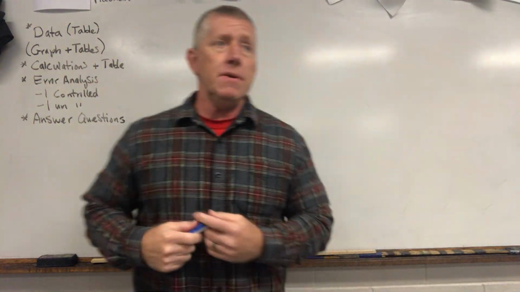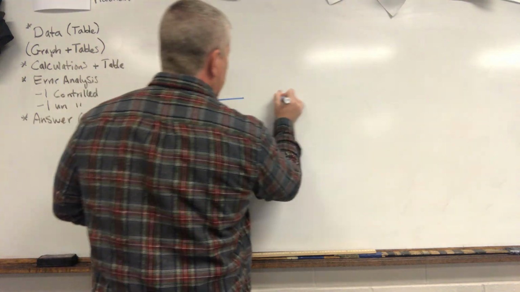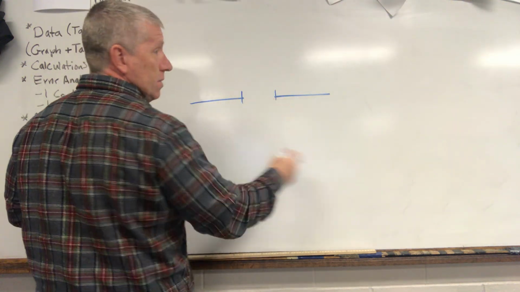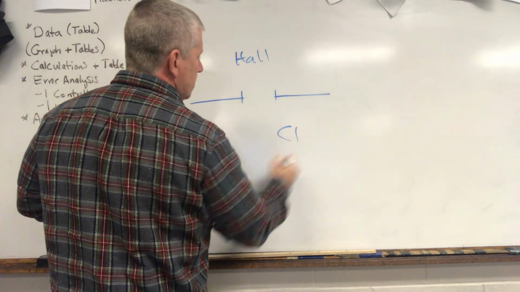You can get the property of diffraction with sound a lot easier. For example, here's the inside of the room. Here's my door. It's a threshold, like the door out to the hall. So this is the hall. This is my classroom.